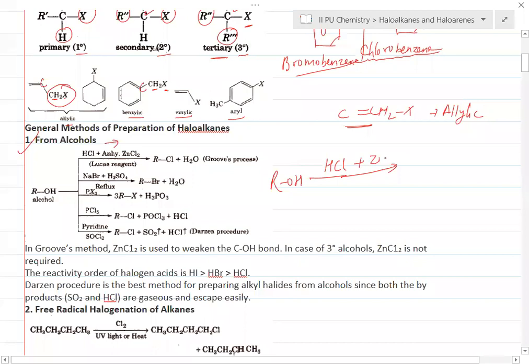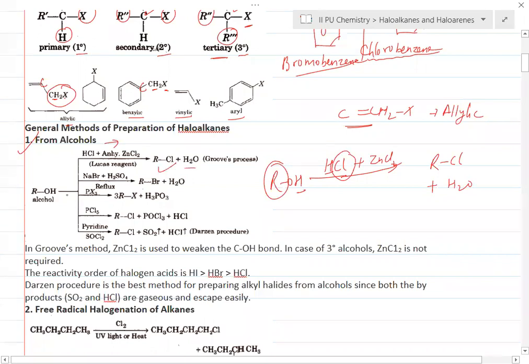You can see H and OH will form H2O, and R and Cl will form RCl. Am I clear? So RCl is formed plus H2O. This is called the Groove's process.